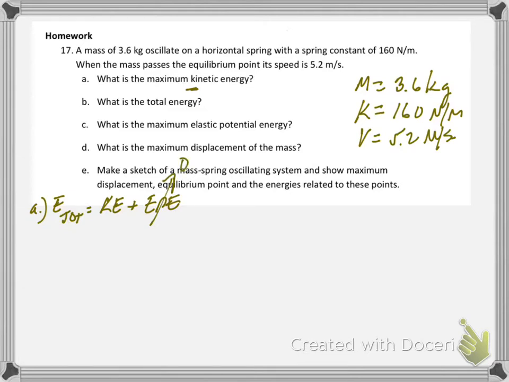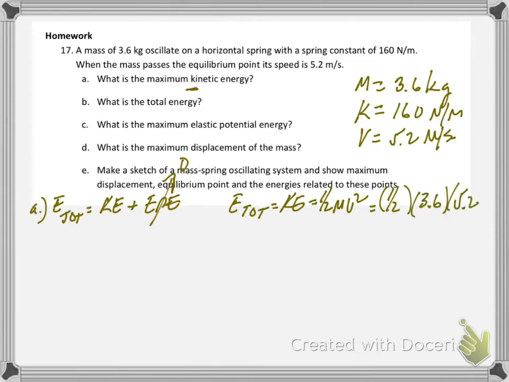So we have kinetic energy is equal to, well, let's rewrite that a different way. We have total energy is equal to kinetic energy, which equals 1/2 mv squared. If we plug in our numbers, 1/2 times our mass of 3.6 times our velocity.